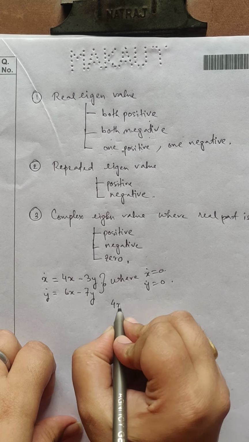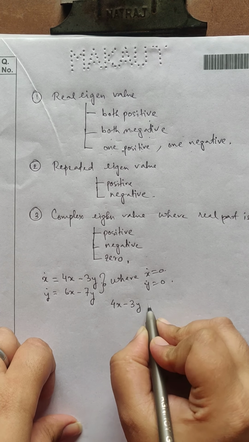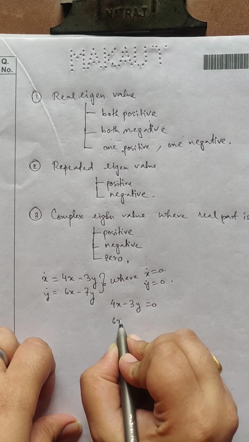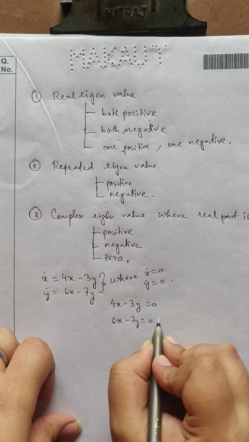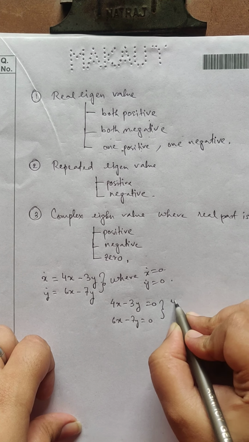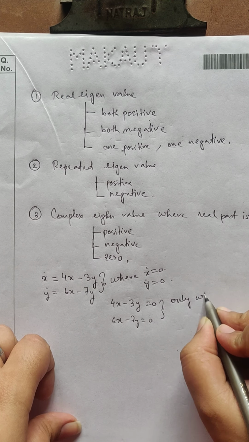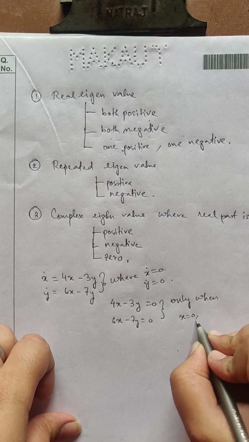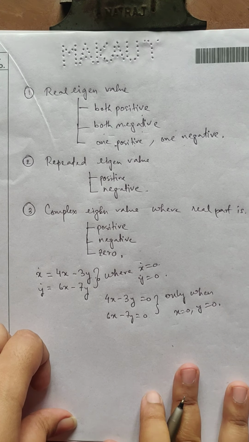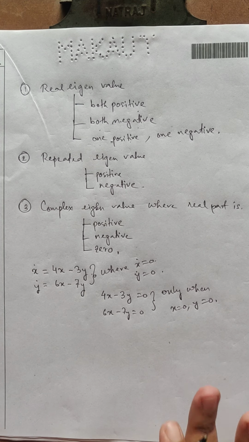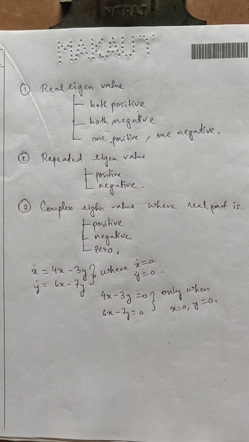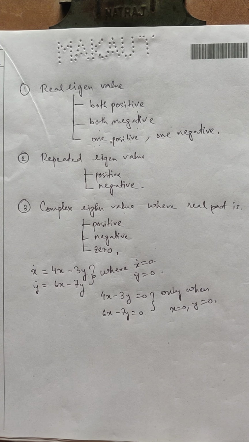So this becomes 4x minus 3y equal to 0 and 6x minus 7y equal to 0. And this is possible only when x equal to 0 and y equal to 0. So now we have to determine the behavior of the phase plane using either the eigenvalue or its respective eigenvector.